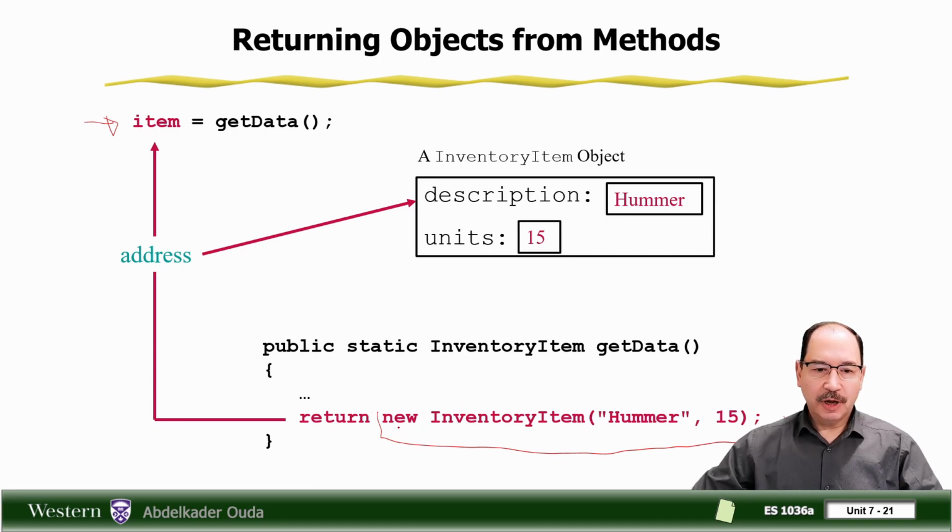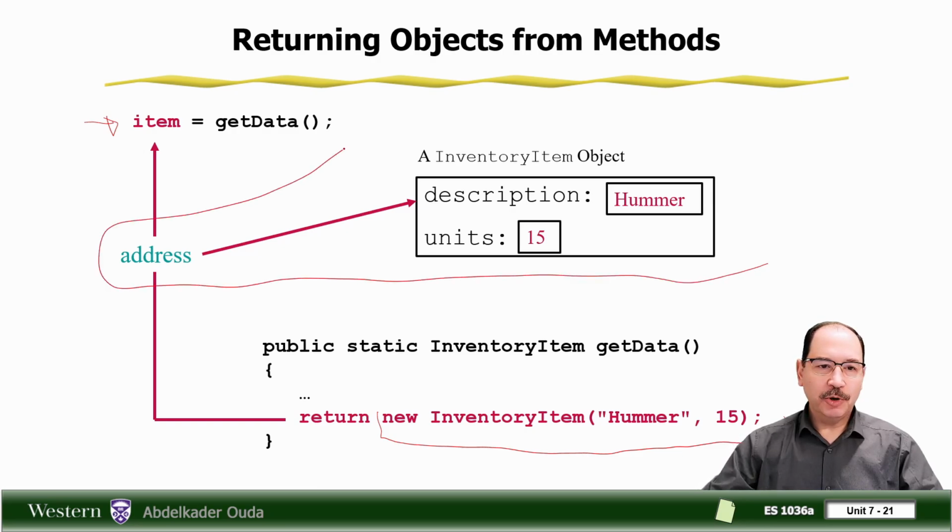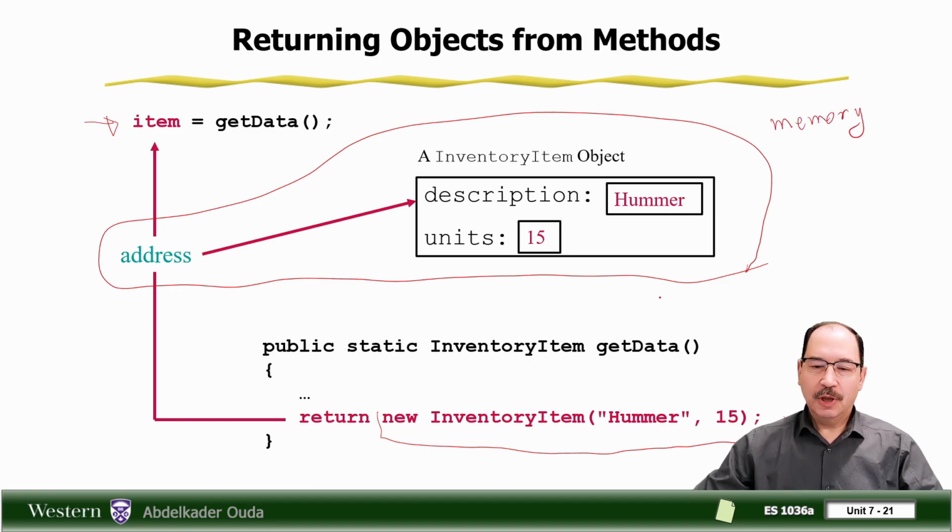Once the method executes this line, this object is created in the computer memory. Again, let us assume this is our computer memory. This line simply creates a location in the computer memory to hold the address of the object, and the object itself will be saved in another location to hold these two data.